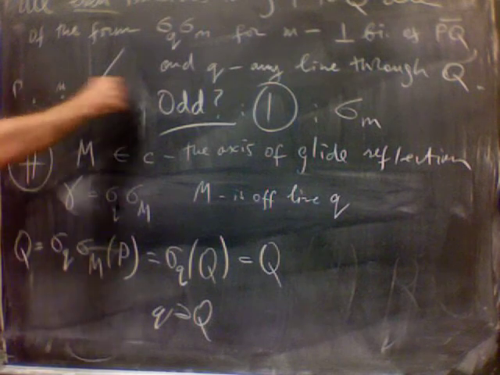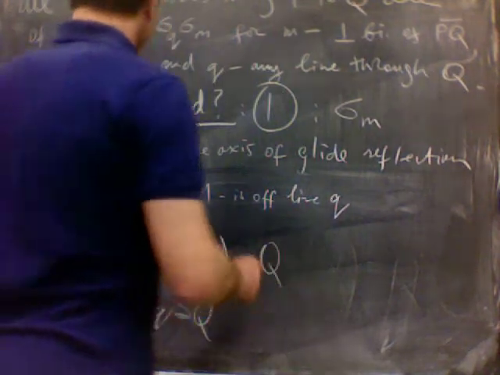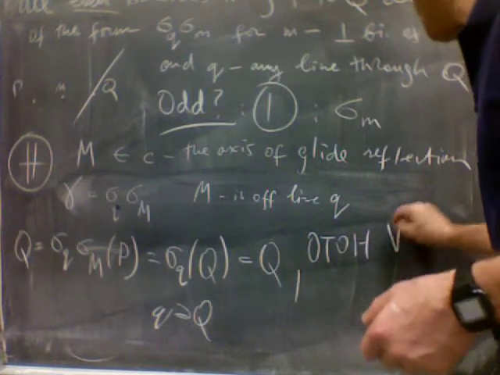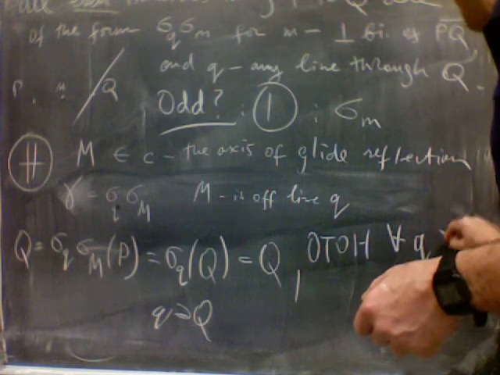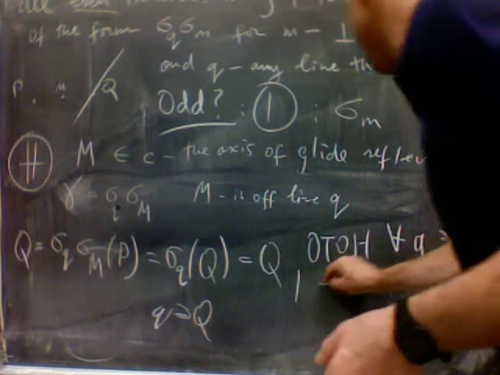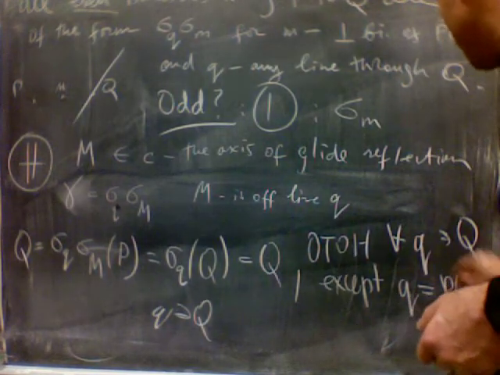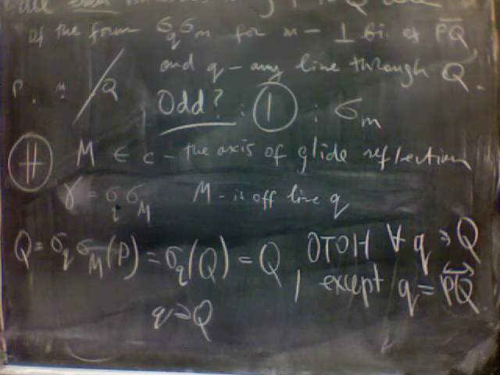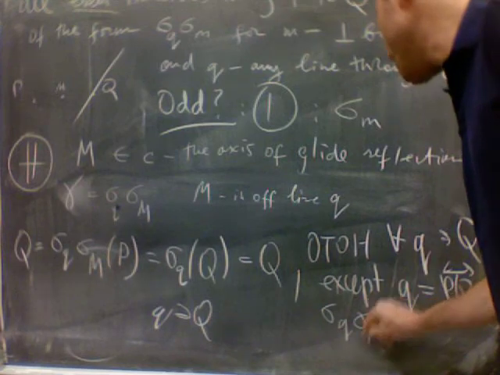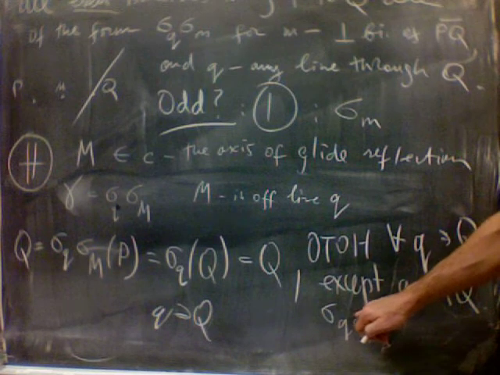So if we consider this line PQ, on the other hand, for any line q containing big Q, except when q is exactly PQ, except for this case, sigma_q sigma_m of course will be a glide reflection because point M will be off line q.